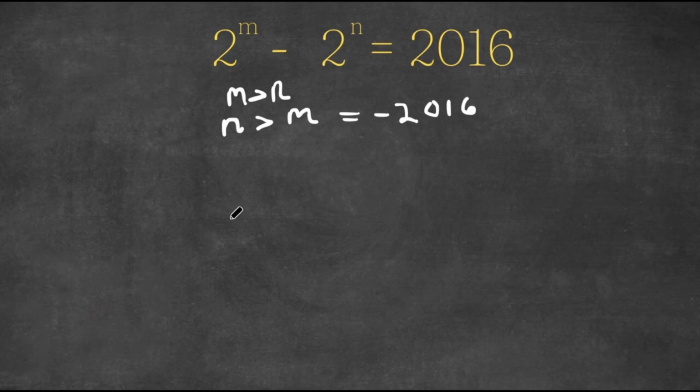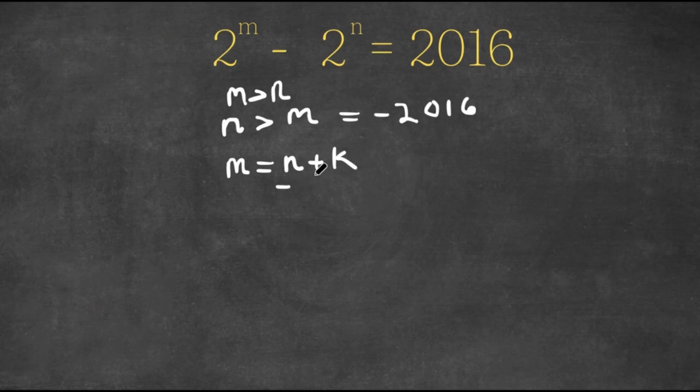So by knowing this, we could just say that m is equal to n plus k, k being a constant.